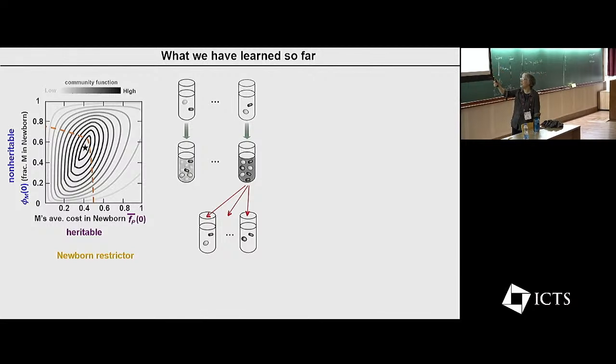If a dot is here, that's how you read it. You look down, and the M's average cost is around, say, 0.15. And this newborn's phi M0 is around 0.55.